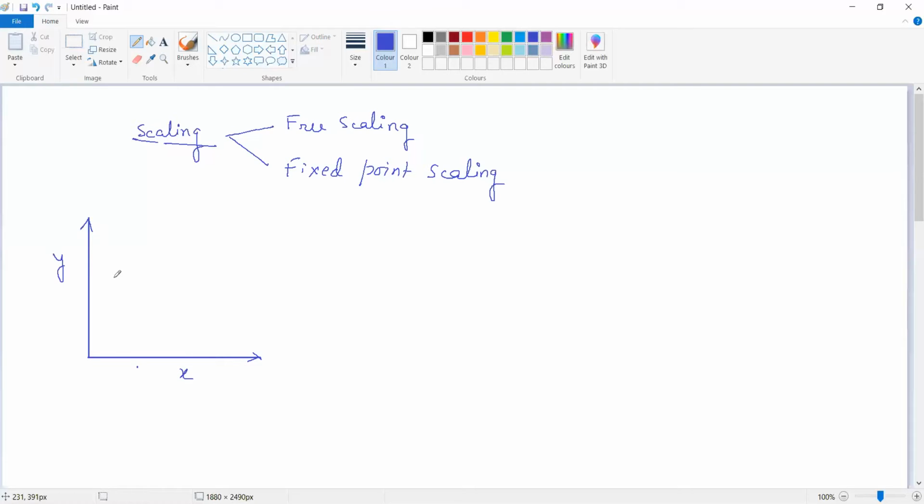Okay. So in case of free scaling, if you have an object which is a square and you want to scale it 2 units along the x direction and 1 unit along the y direction, that means the vertical scaling will be 1 unit and horizontal scaling is 2 units.